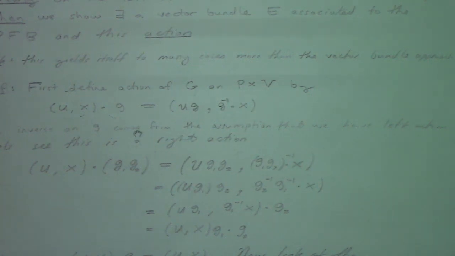So the inverse on G comes from the assumption that we have left action on the vector space, which is kind of typical, like matrix multiplication on vectors. We don't usually multiply matrices on the right of vectors, right? You take a matrix, you multiply it on the left, pretty much. Anyway, to see that this up here defines a right action, this calculation is enjoyable. We should at least understand this much. So you get G1, G2 there, right?